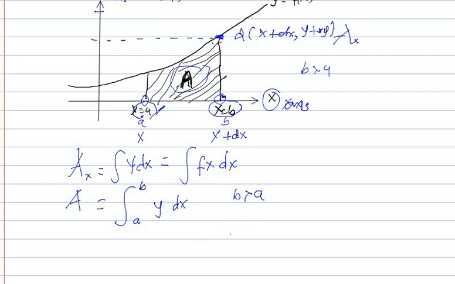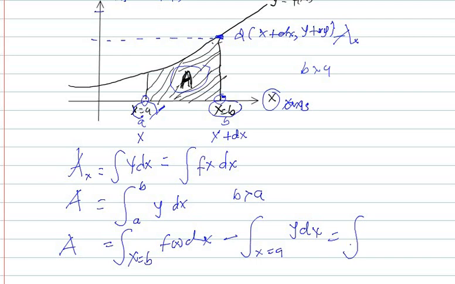To evaluate this, we can say the total area should be the integral of the area at x equal to b, that's f of x dx, minus the area at x equal to a, which is going to be equal to the integral from a to b of y dx.